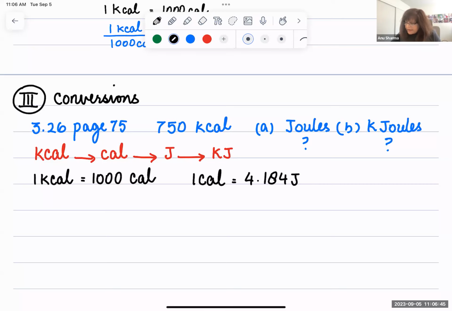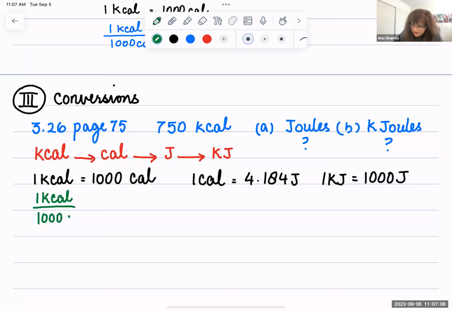And the next thing we know is that 1 kilojoule is equal to 1,000 joules. These are the basic equalities we know. Based on that, you can write down the 2 conversion factors: 1,000 calories over 1 kcal.